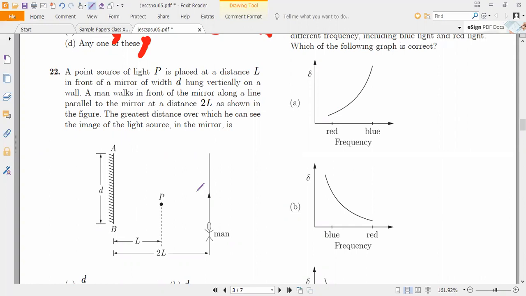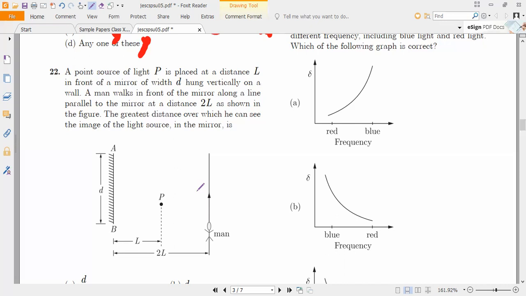A point source of light P is placed at a distance L in front of a mirror of width D hung vertically on a wall. Now a man walks in front of the mirror along a line parallel to the mirror at a distance of 2L, as shown in the figure.